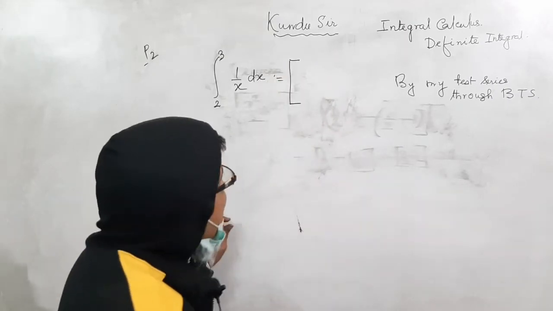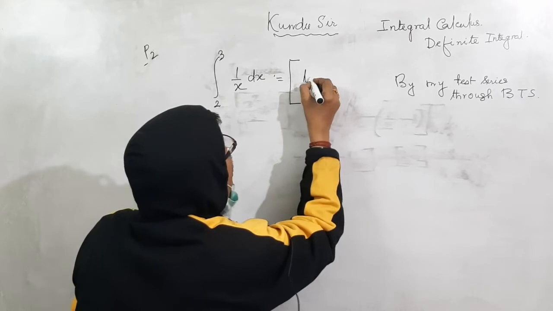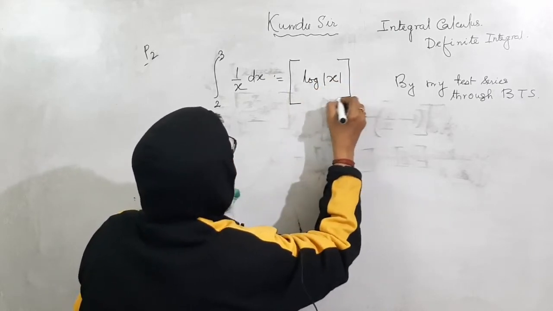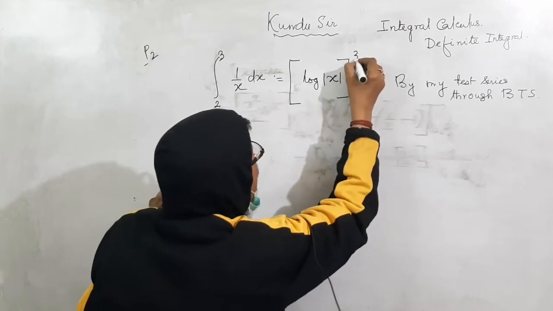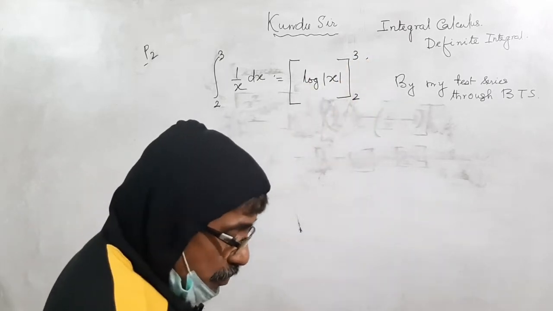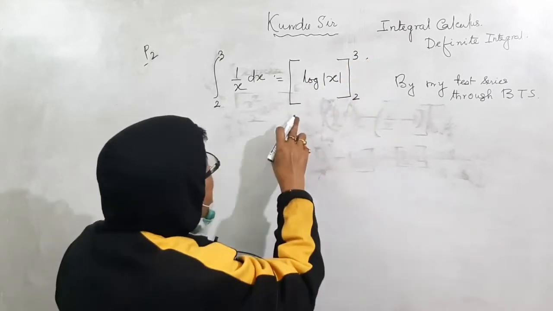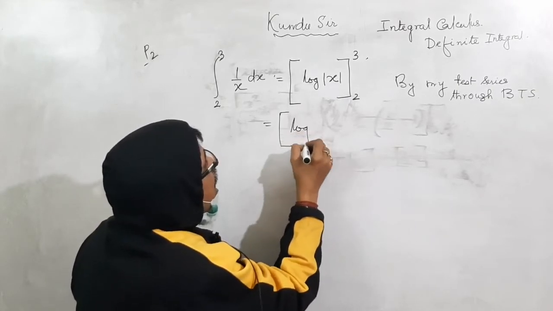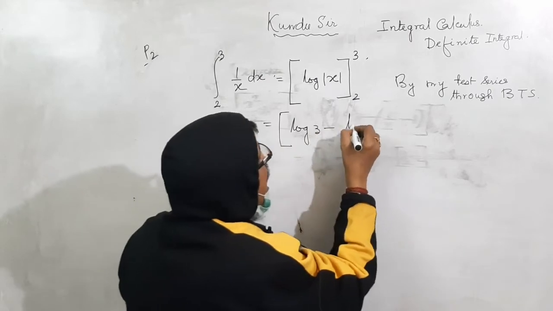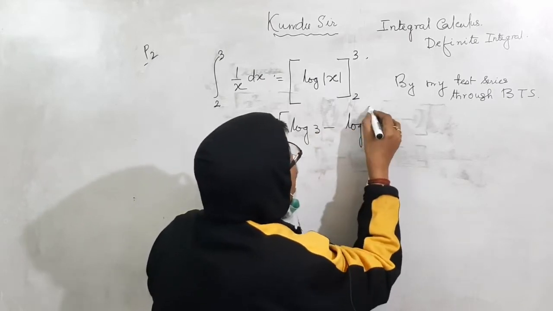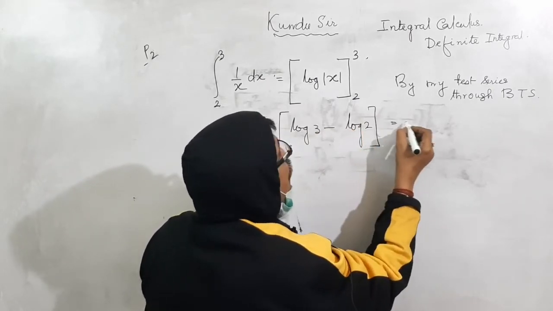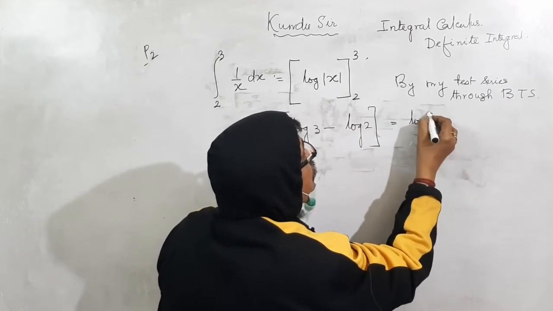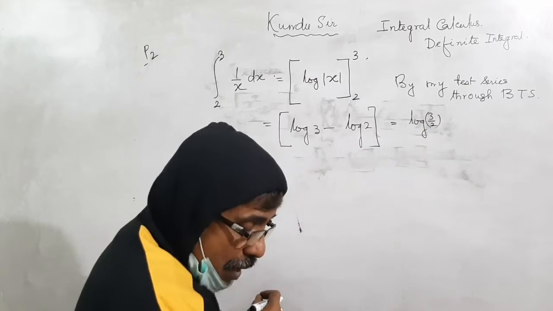equals log modulus of x, from 2 to 3. So we can write log 3 minus log 2 equals log 3 by 2.